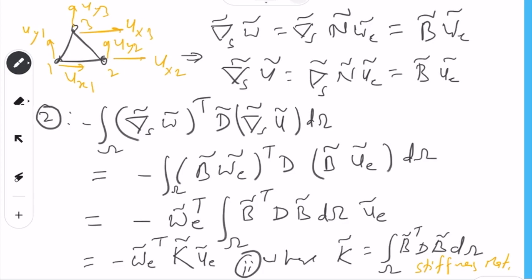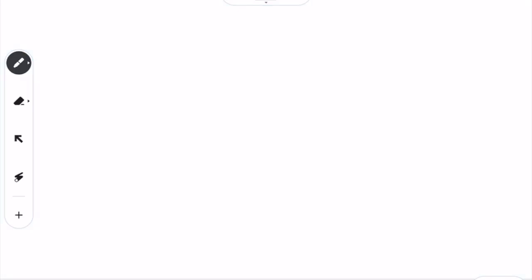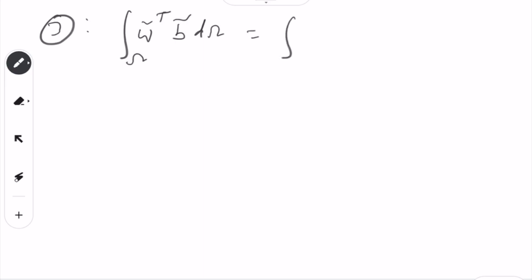Okay. Now, the third part we have is W tilde transpose B tilde d omega, integrate over omega, and this will be equal to, this one we know now, we write it as N tilde multiplied by W e tilde.